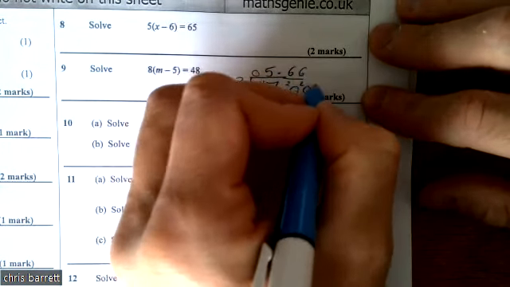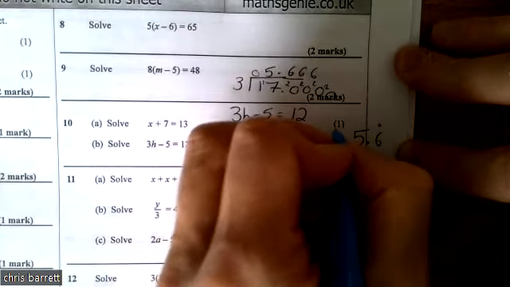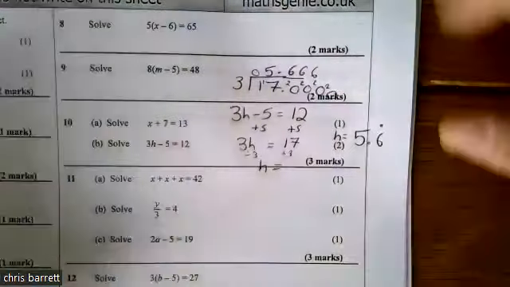So that means my h is worth 5.6, and because this 6 is recurring, I write 5.6 with a little dot on top. That's what my h is equal to.